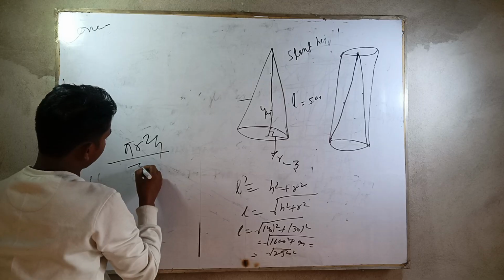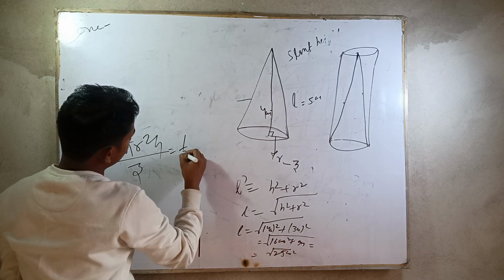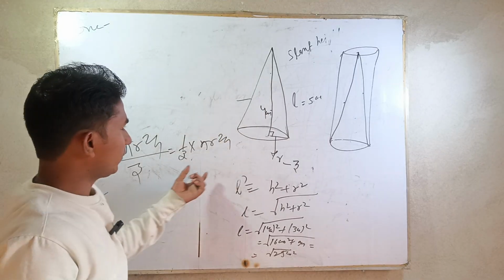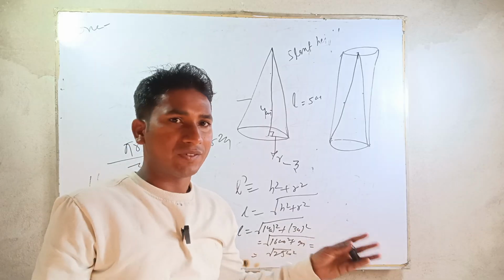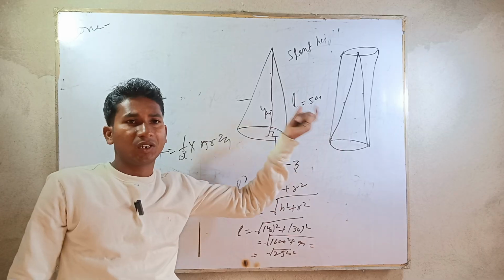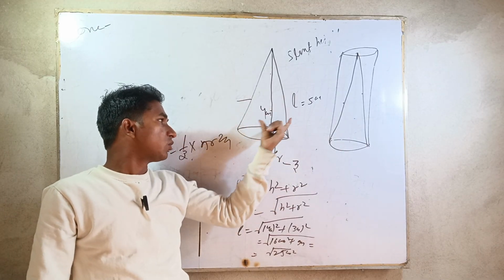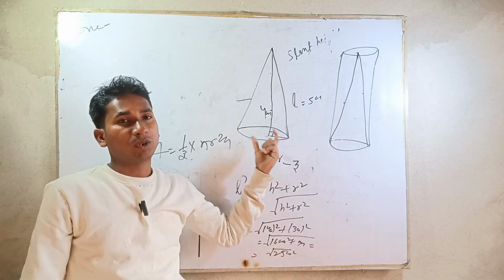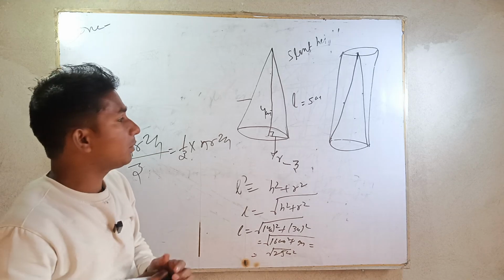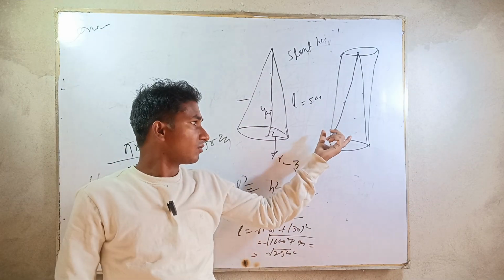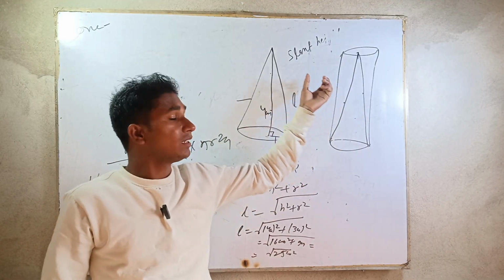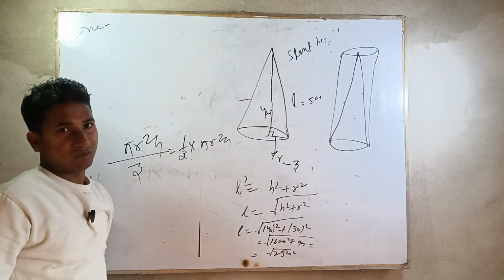If I divide it by 3, it will look like 1 by 3 into pi r squared h. So this one is the volume of a cone. If I divide the volume of the cylinder by 3, that is equal to the volume of the cone.